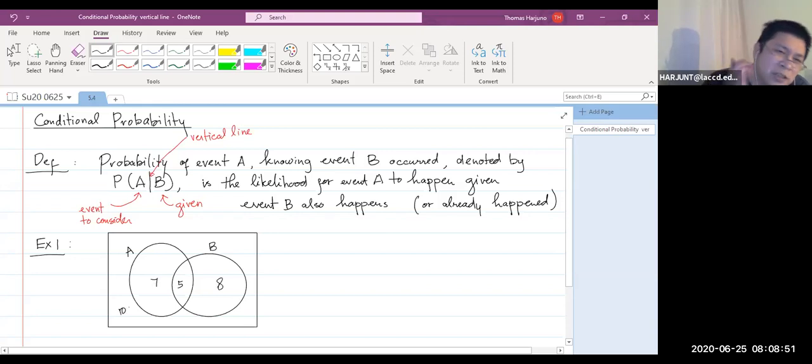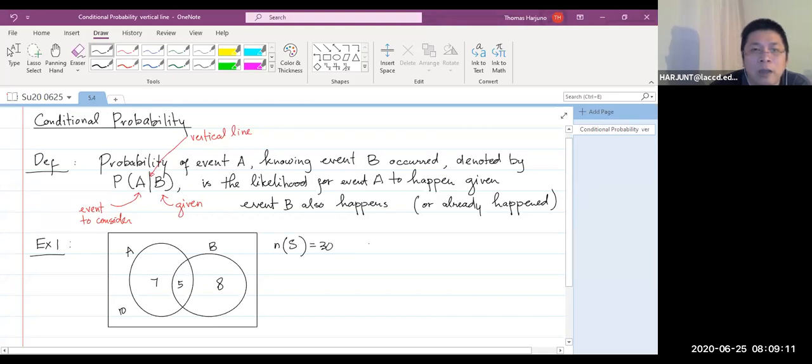This is exactly the Venn diagram I used, where A was math and B was English, yesterday or 2 days ago. But it doesn't matter. The number of elements in the sample space is 30.